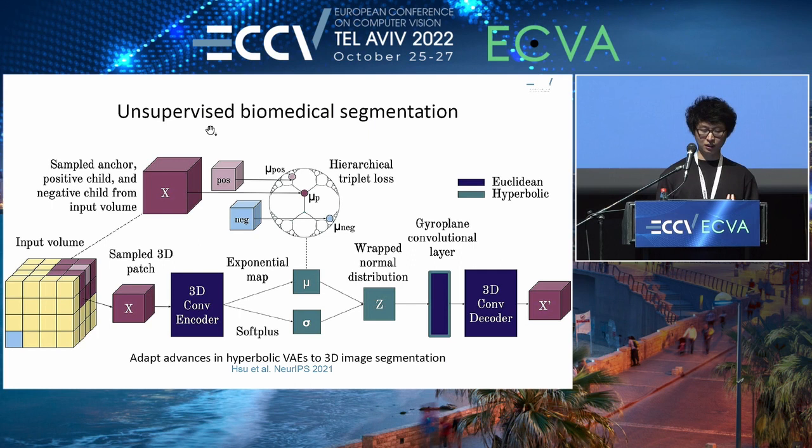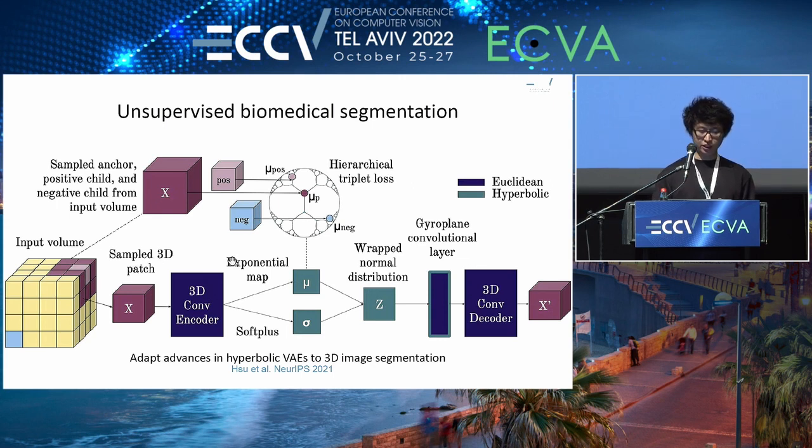And so how this approach works is that first, we adapt hyperbolic VAEs to 3D image segmentation. So for example, we replace traditional MLPs with 3D convolutional encoders. And like Pascal said, it is very difficult to do that in hyperbolic space, so these are Euclidean encoders and decoders.